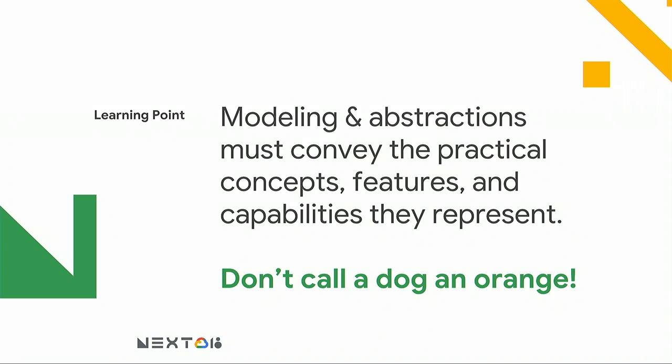And we also learned that we just shouldn't try to create models and abstractions that don't convey what it is, right? You have to talk about your application deployments in a way that is linked to the practical concepts and features that they represent, right? So we don't call a dog an orange because it's a dog, not an orange, right? So we should call a server a server, and an application an application.